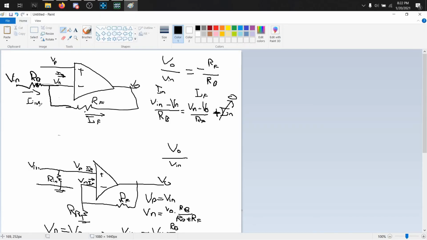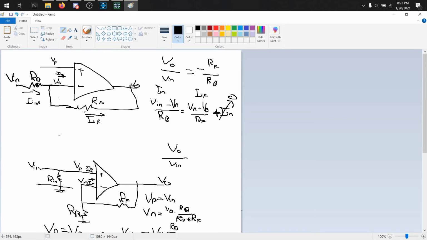With those simple rules, we can follow the current through here, right? Let's do KCL on VN, on this node right here. The current is V input minus VN over RB. IN is 0, so you don't have to worry about it, so that's leaving the node.